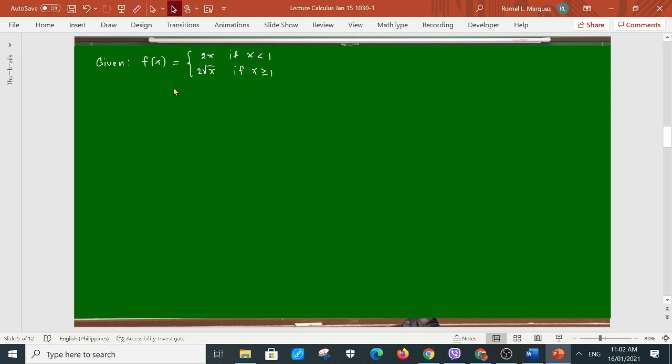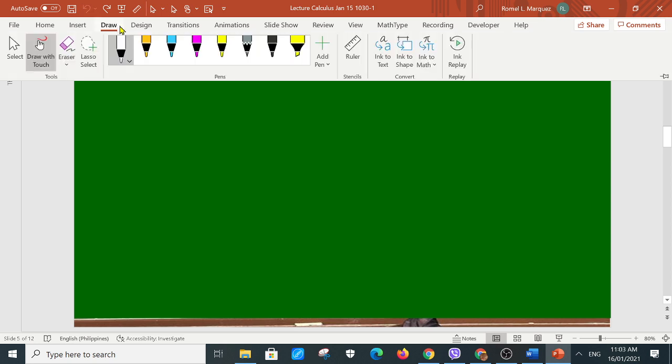Or square root of x, to be simple. Square x and square root of x.